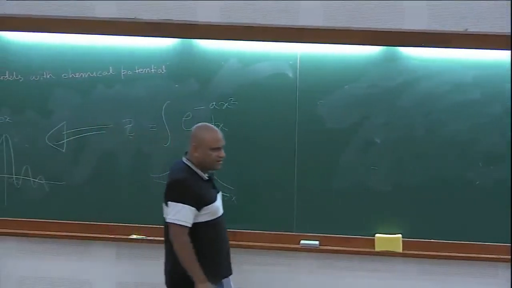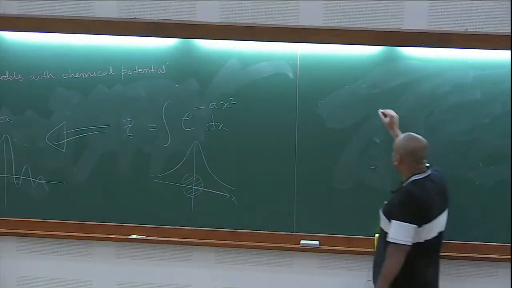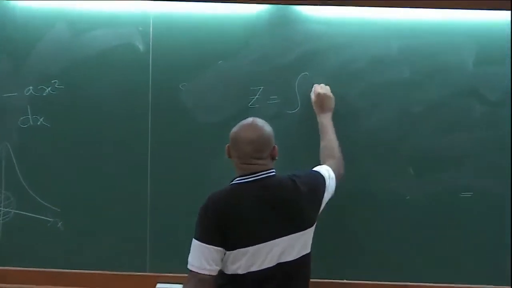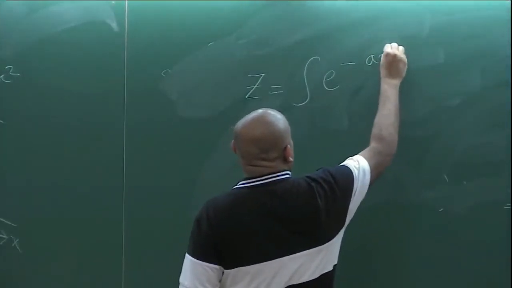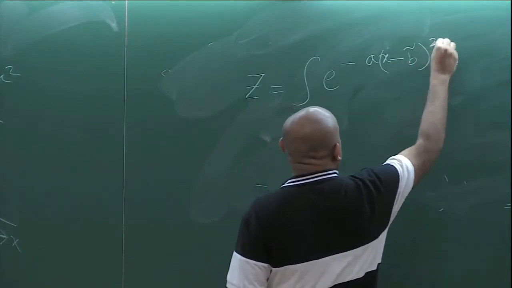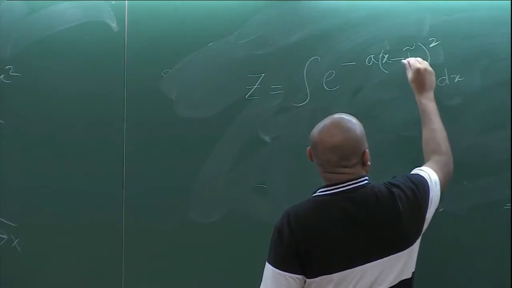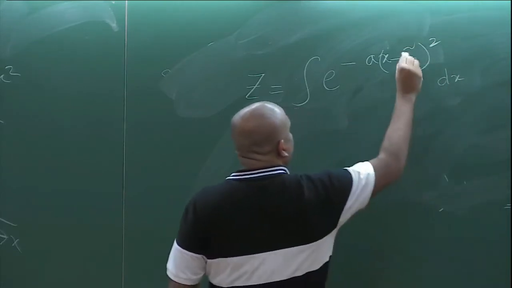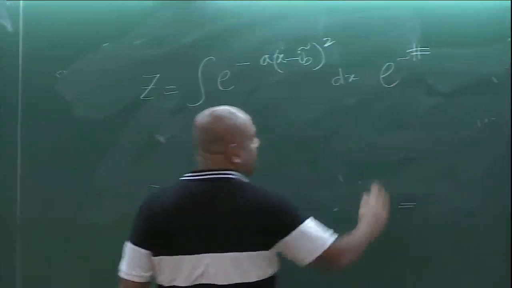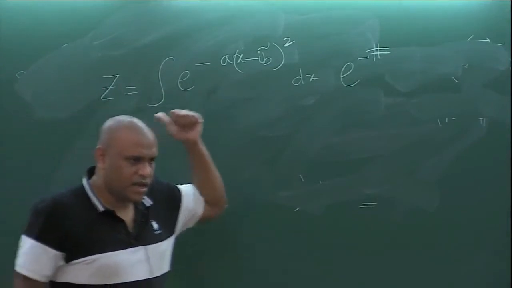Analytically, this integral is done quite easily by completing the square into some e to the power of some quantity. So if you complete the square, then this integral can be easily done.